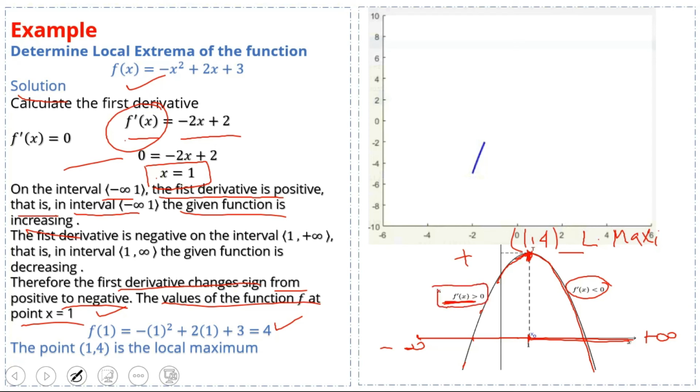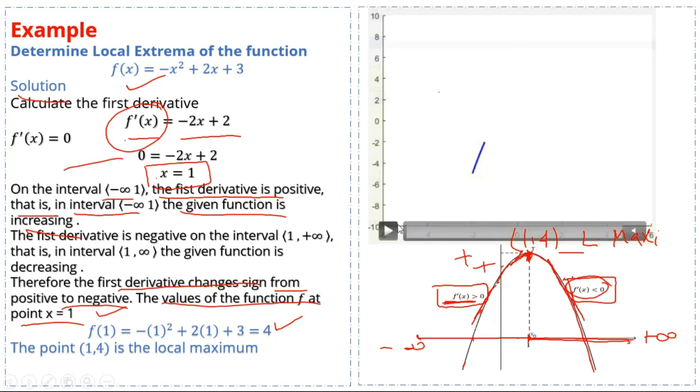The derivative of the function will be positive in this region and negative in this region. We can also say that the slope of the tangent line will be positive in this region and negative in this region. Okay, so let's see.